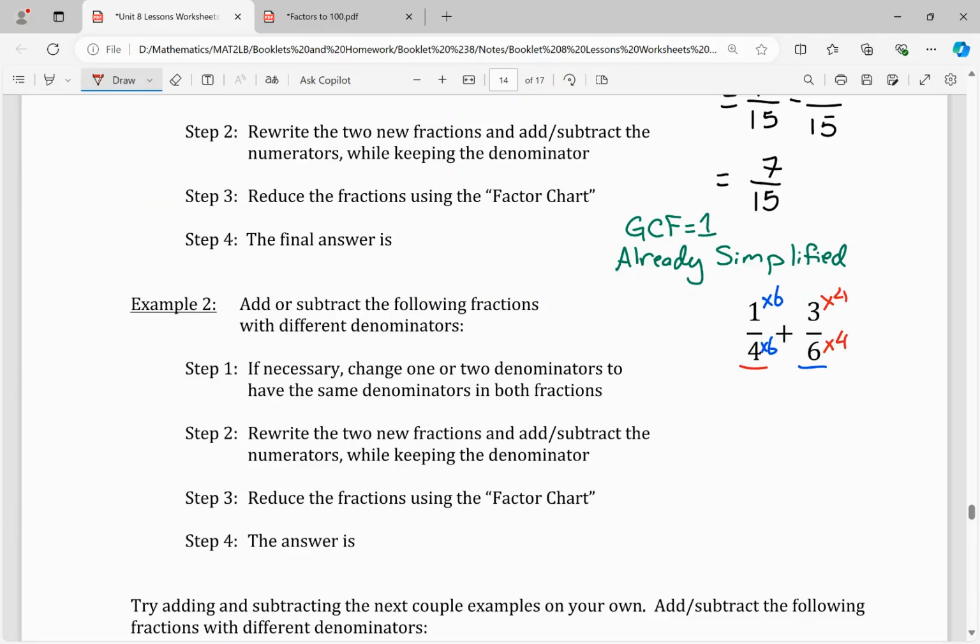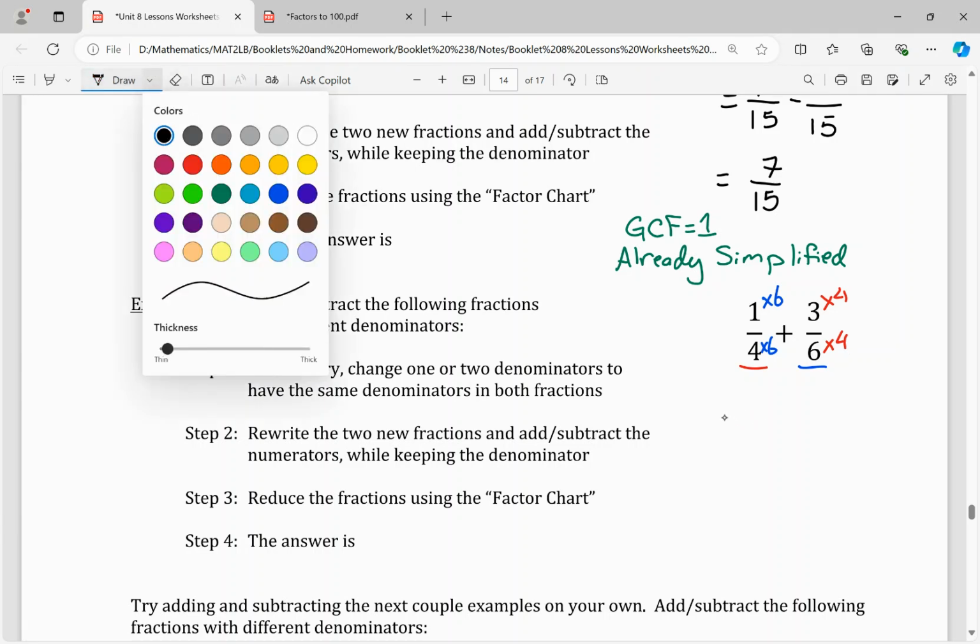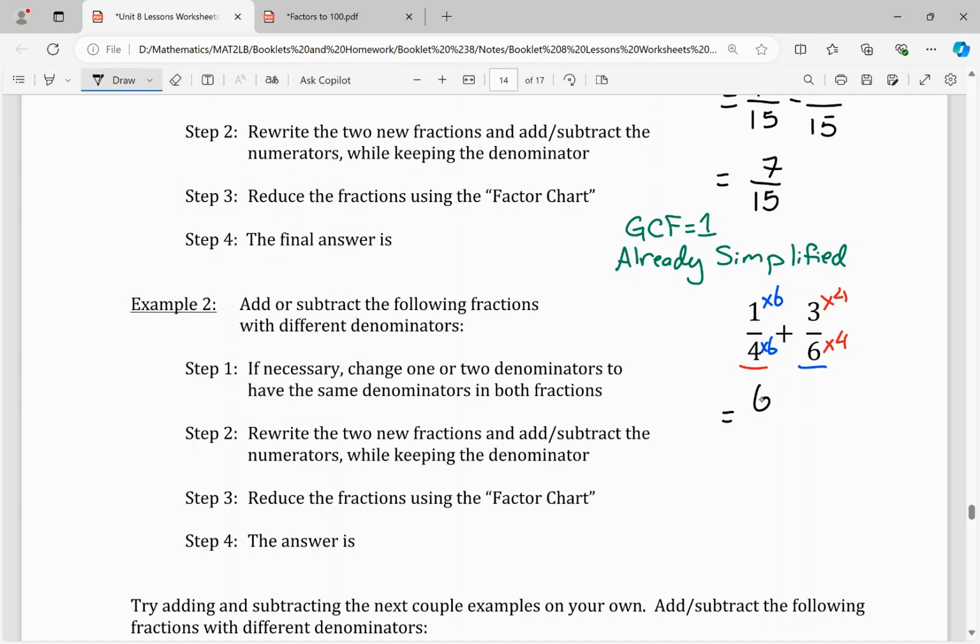Okay? So what that means is we are going to get 1 times 6 is 6, over 4 times 6 is 24. Okay? And then that is plus 3 times 4, which is 12, over 6 times 4, which is 24.